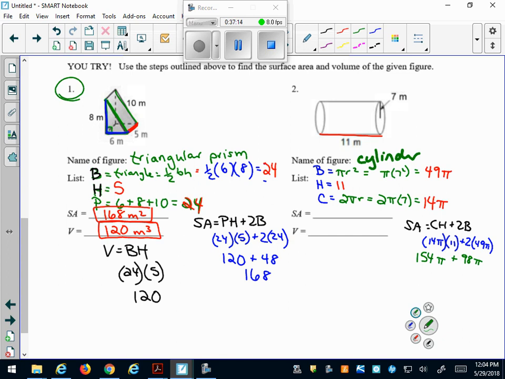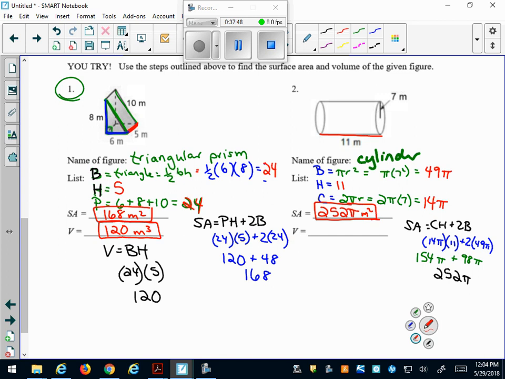Add those together because they both have pi in their answer here. So 154 plus 98 is 252 pi. Now, since it's area, again, we're going to have square meters. That would be the exact form.